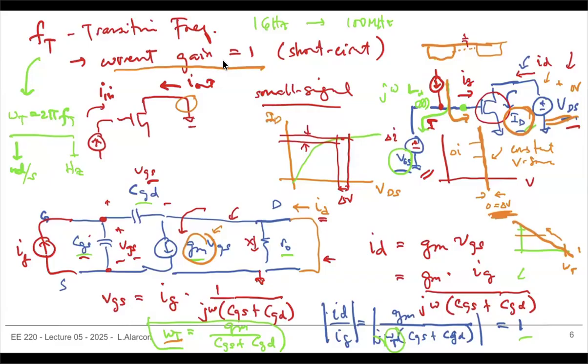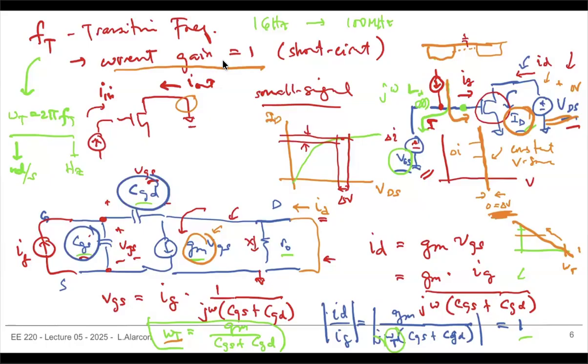But with that GM, you have to check that you're still operating below the FT of your transistor. And the second thing is that your FT is dependent on CGS and CGD.